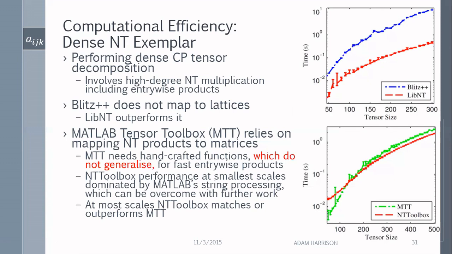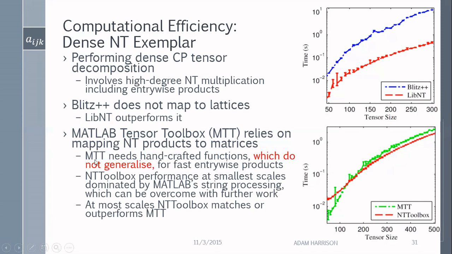Now, comparing similar types of products with the MATLAB Tensor Toolbox against the MATLAB Tensor Toolbox using NT Toolbox, our approach, what you'll notice is that for larger operands, the NT Toolbox is faster than Sandia's MATLAB Tensor Toolbox.